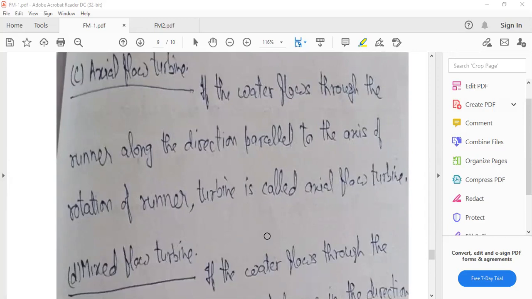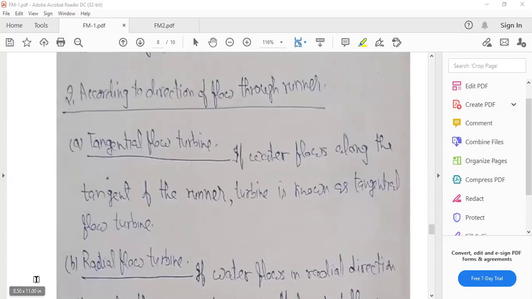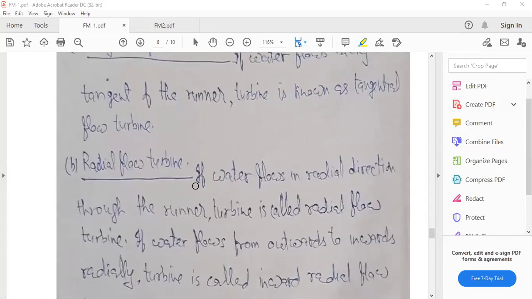Okay, so first one was tangential flow reaction turbine. If water moves tangential to the runner, then it is called tangential flow turbine.